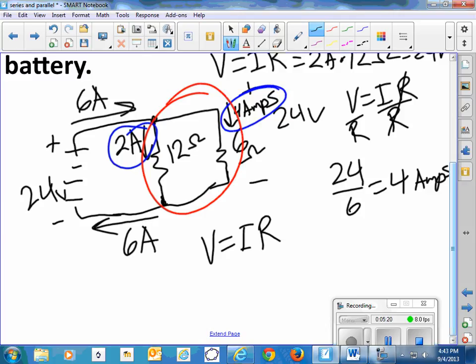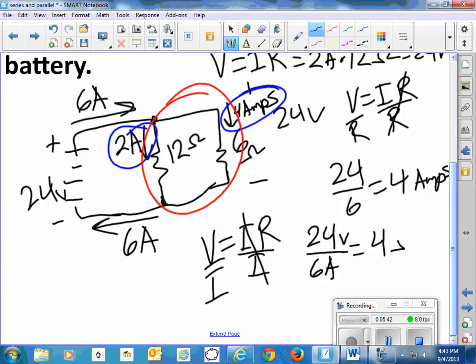We know the current, but we don't know the resistance. We know the voltage, so let's find the resistance. So we divide by the current. The resistance equals the voltage divided by the current. The voltage was 24 volts. The current was 6 amps. So the resistance is 4 ohms. So if I connect a 12 ohm resistor in parallel with a 6 ohm, it acts like a single 4 ohm resistor.